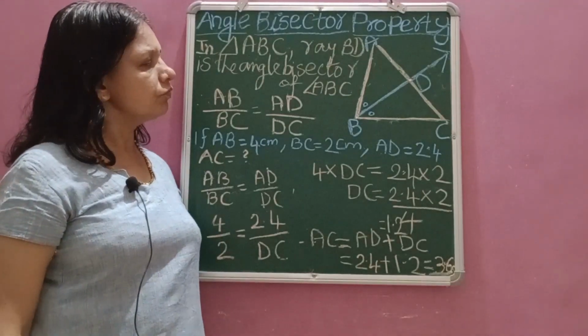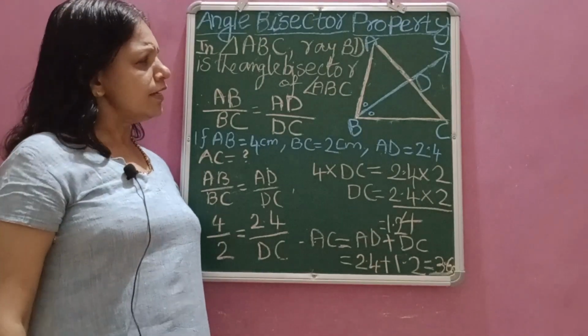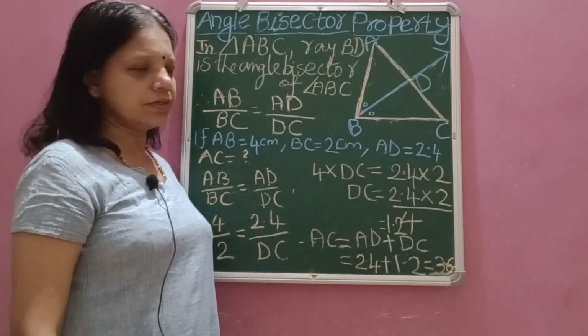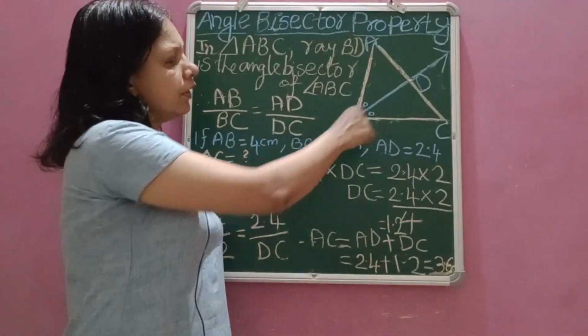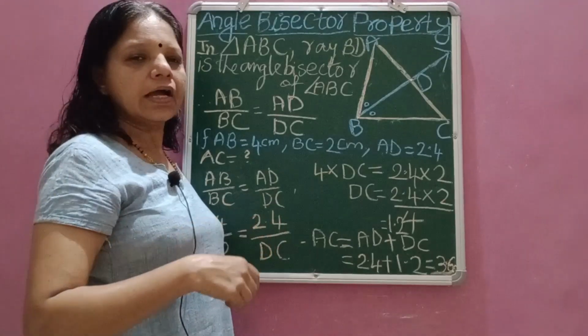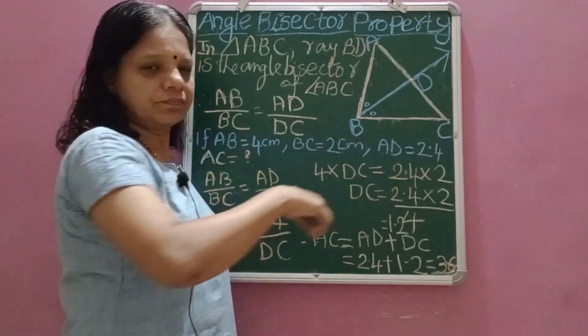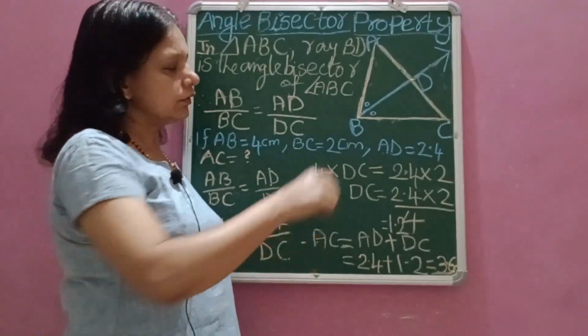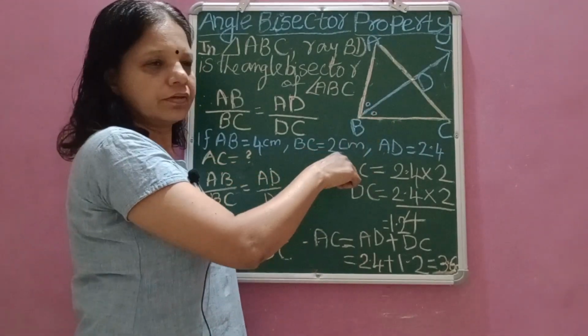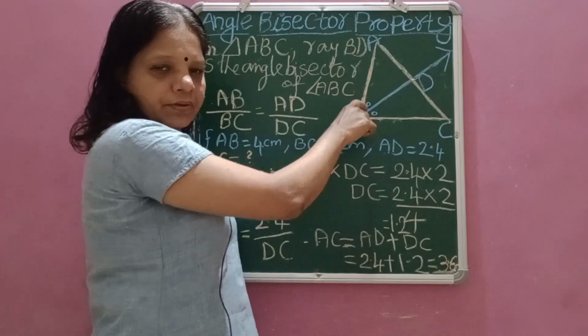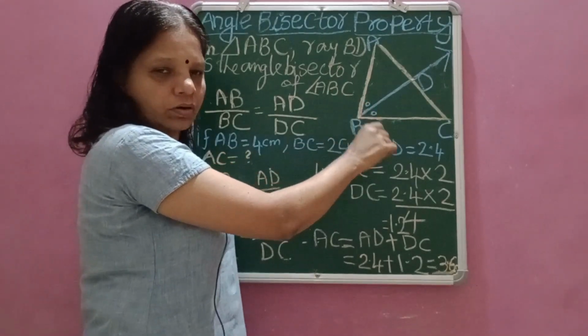So here look at the figure. In triangle ABC, ray BD is the angle bisector of angle ABC. Means what? See the identical marks which represent that these angles are congruent.